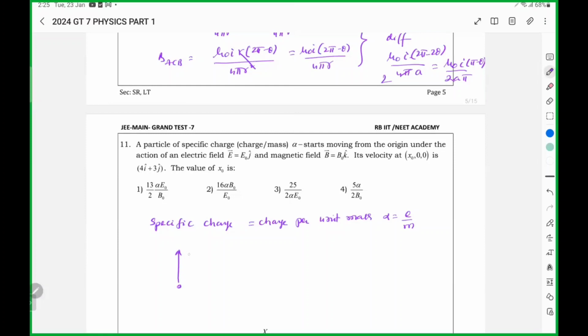On this charged particle, electric field is applied and magnetic field is also applied, but in some direction.